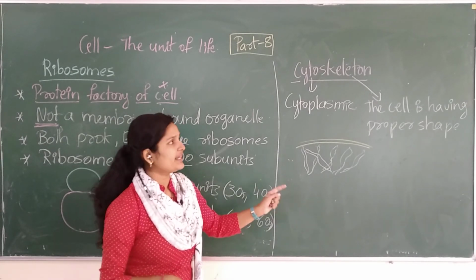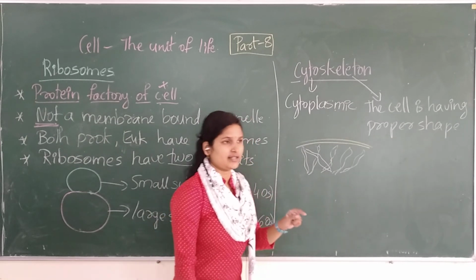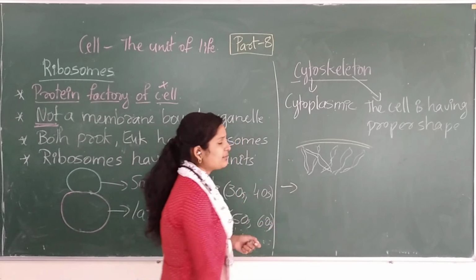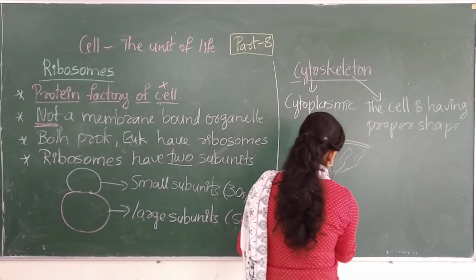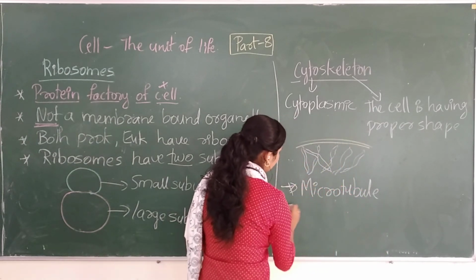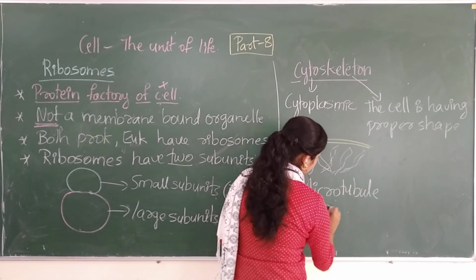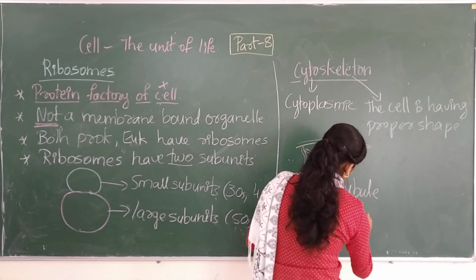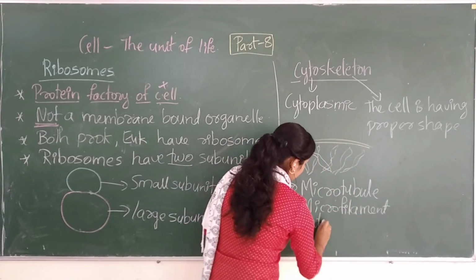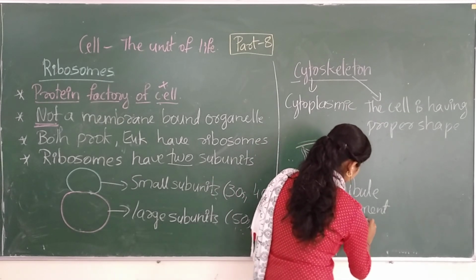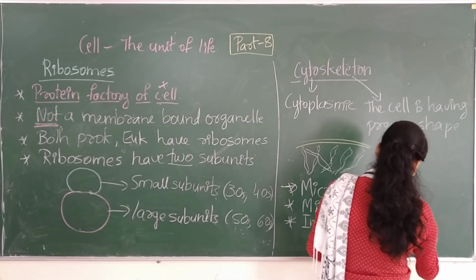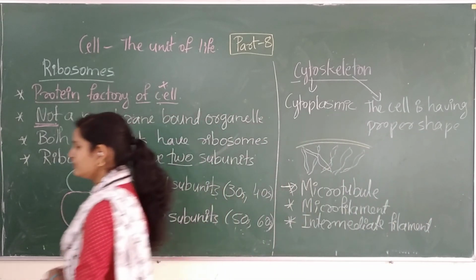This is the main important factor about the cytoskeleton, and these cytoskeletons are nothing but proteins, and they are made up of microtubules, microfilaments, and intermediate filaments.